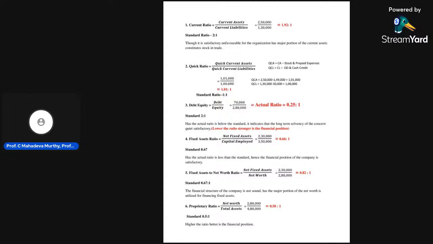The explanation says the financial structure of the company is not sound, as the major portion of the net worth is utilized for financing fixed assets.